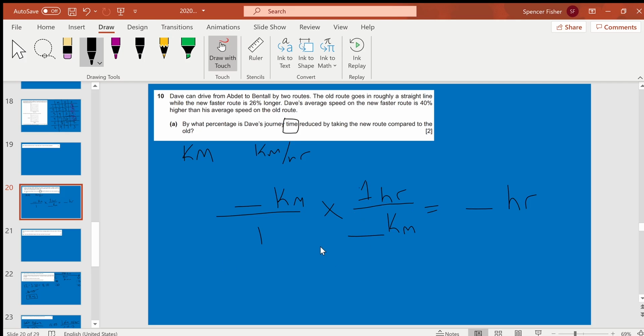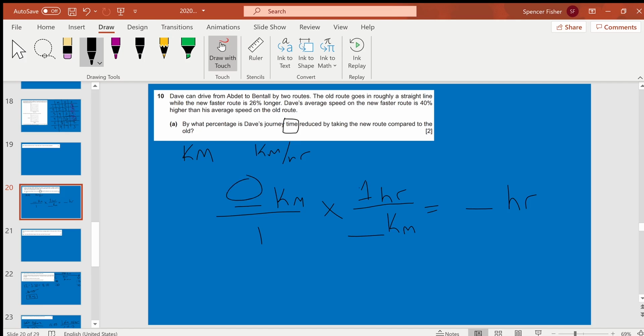And I think that's probably the most difficult part of this problem to conceptualize, is we're not really looking for a value of kilometers or kilometers per hour. We're looking for the ratios of them. So we know, since it's 26% longer, there's a couple of different ways that we can go about doing that.